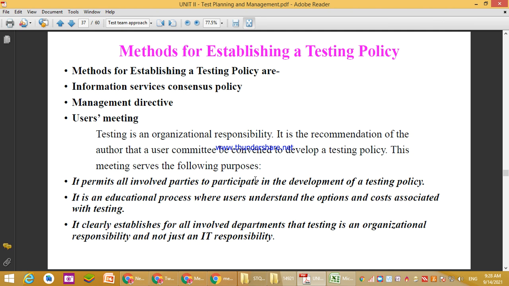Then the cost aspects, then the criteria of the testing, and methods for establishing testing policy. These are the 4 points that we have discussed, with the example of how to calculate the cost required for any particular testing.